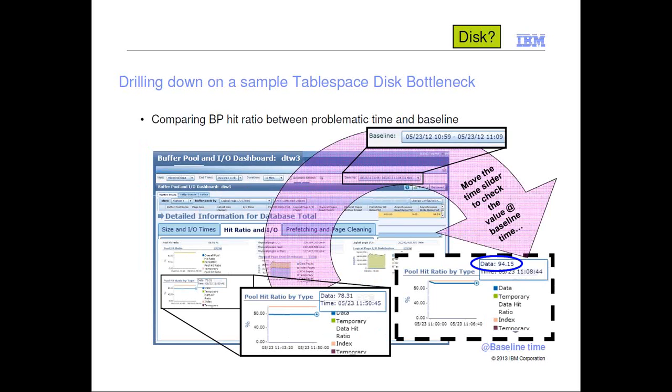So on this slide, we see that the pool hit ratio is 78.31, whereas for the baseline, it was at 94%. So now we have identified one issue, that the buffer pool hit ratio utilization has actually come down from 94% to 78%, and this probably could be one of the reasons why the I/O times have so vastly increased.